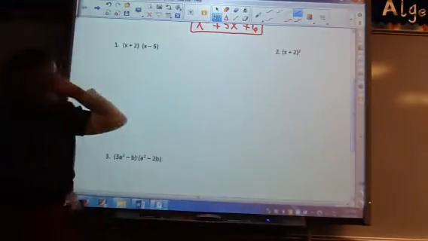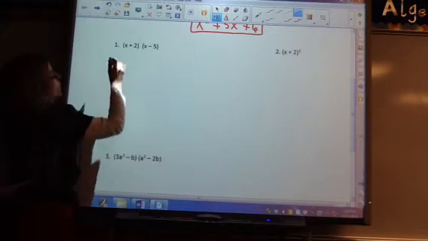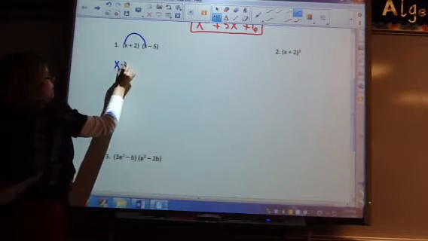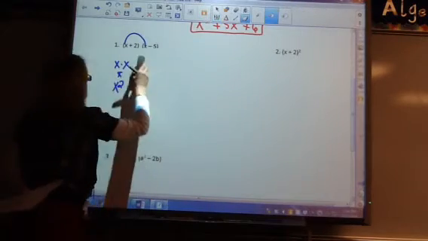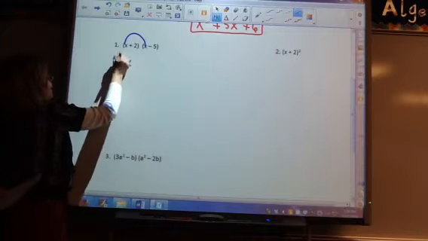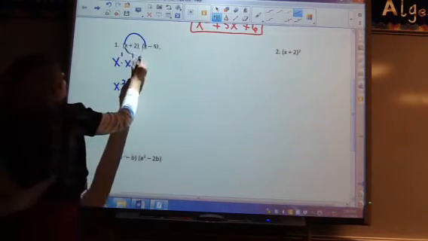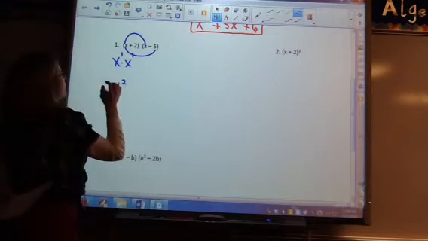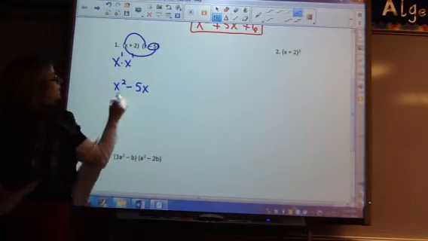All right, so we have x plus 2 binomial times x minus 5 binomial. So first we take x times x. X times x is x squared. Remember, when you multiply x times x, you add your exponents. Alright? And then we take x times negative 5 for the outer, which is a negative 5x.